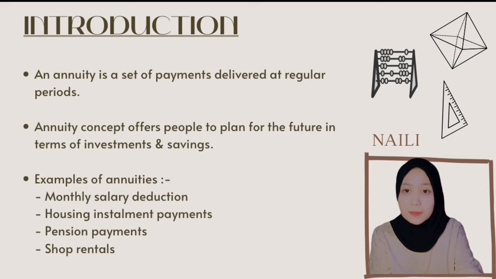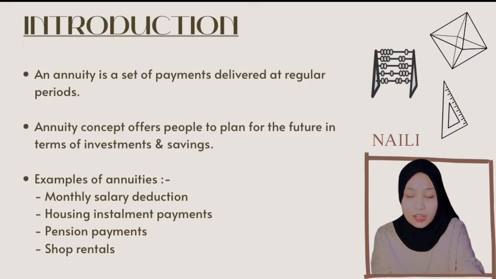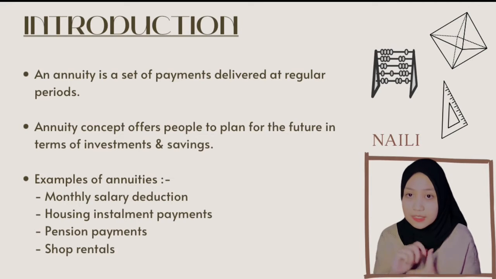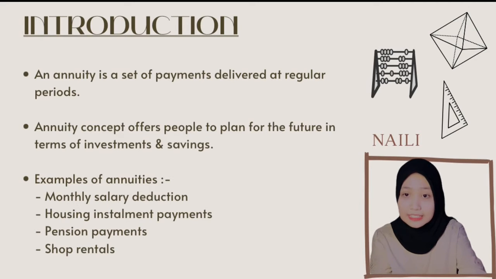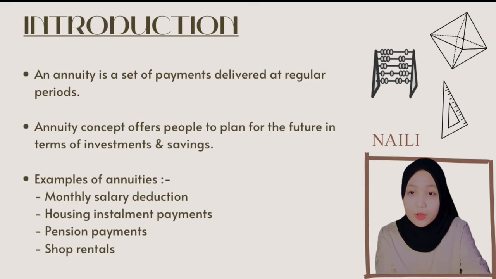So what are examples of annuities? There are a lot of examples, but I will tell you four of them: monthly salary reduction, housing installment payments, pension payments, shop rentals, and so on. In this case, equal payments are deposited or paid periodically over time.